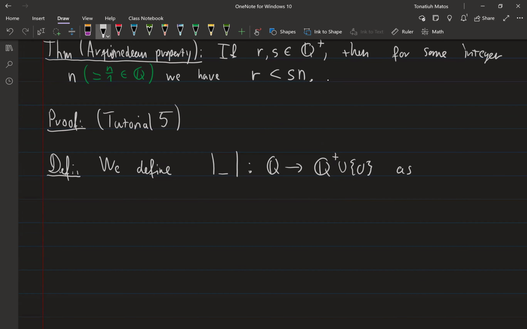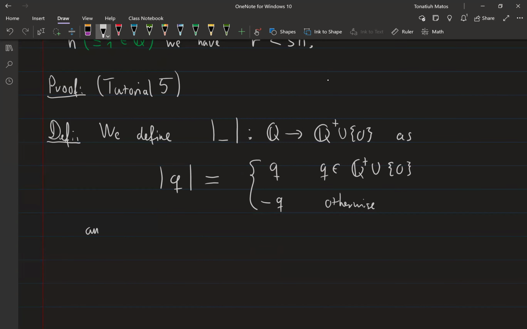So how do we define this? Well, if you have a rational number q and you put it between bars, then this is defined as either q, assuming it's positive, or 0, and minus q otherwise. And call it the absolute value.